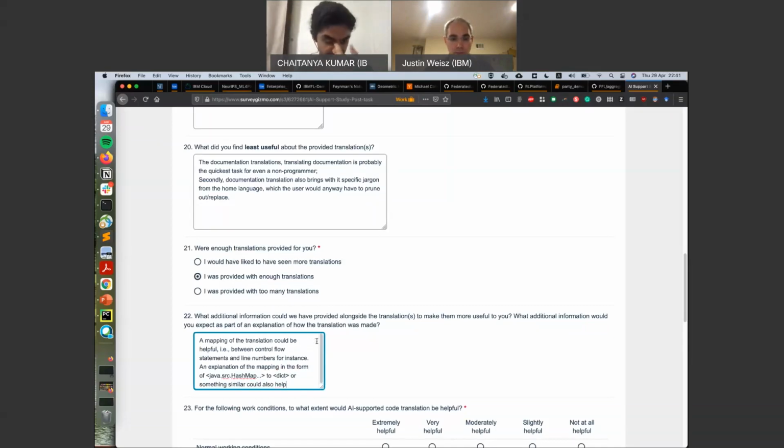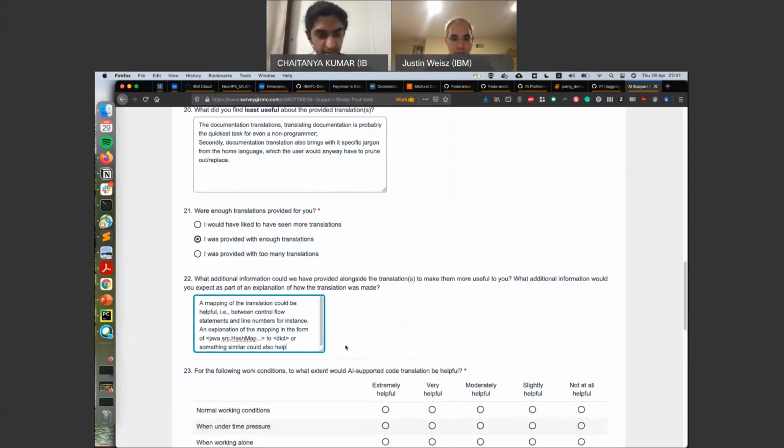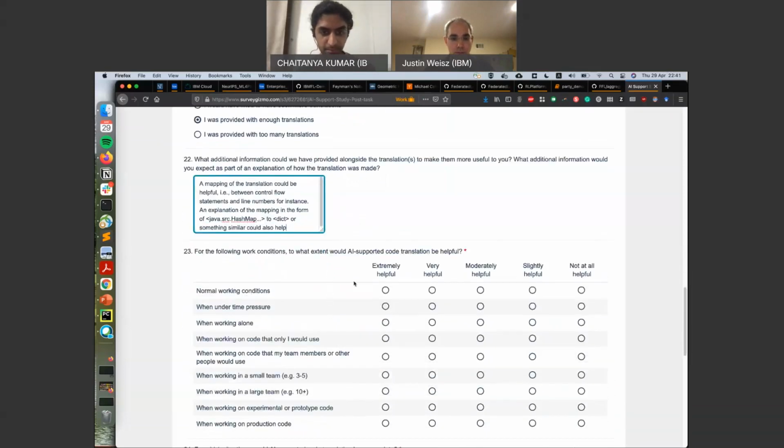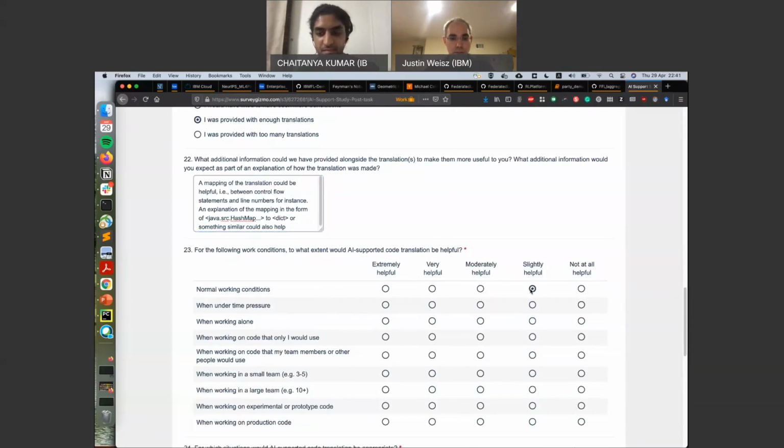So the second one is more like a mapping between the native data structures. This could be troublesome because under time pressure, one is equally likely to get swayed.